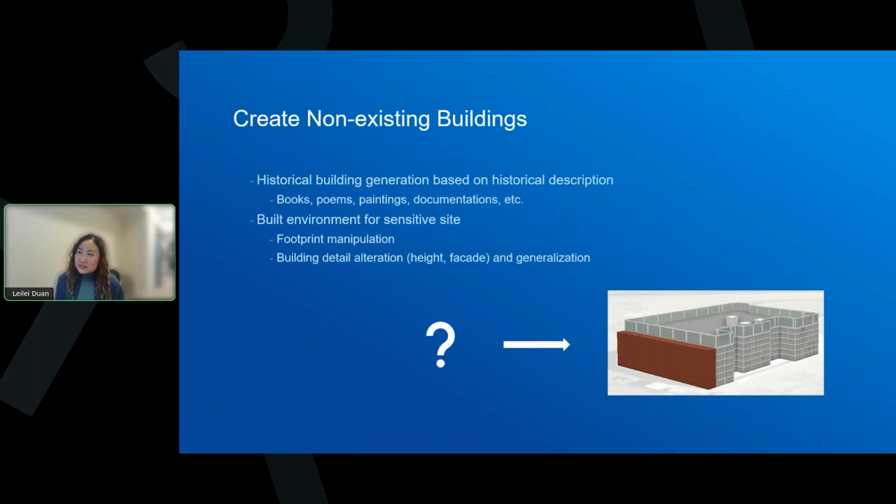And the second case to create non-existing buildings is a client that I worked with recently. Because of the nature of the client's site, it is a very highly sensitive area, but they also want a digital twin and 3D model representation of the area. So the request was, we want a 3D model of our site.